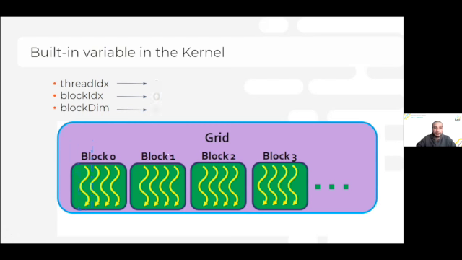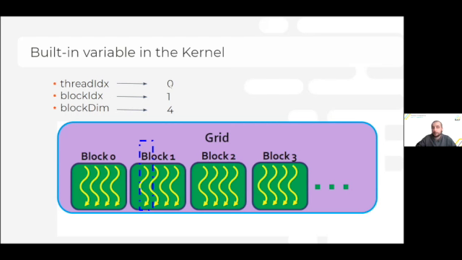So in the case of this other thread, the block dimension is going to be the same. It is the first thread within this block, so its thread ID would be 0, and its block ID would be 1. And that's how we can map it to data.